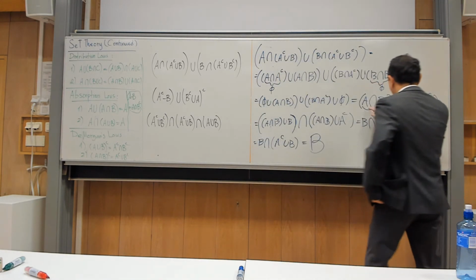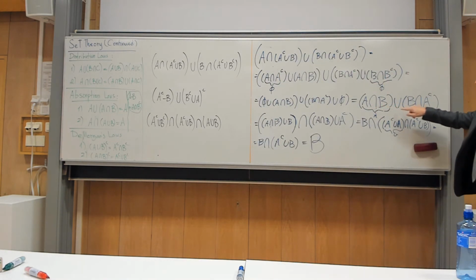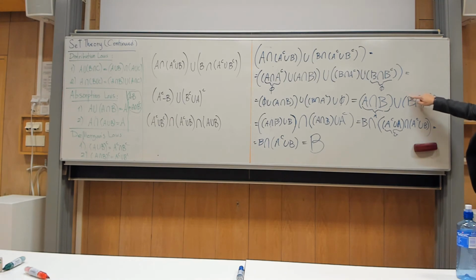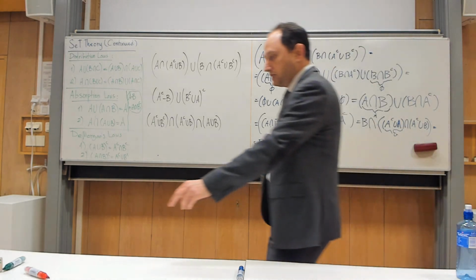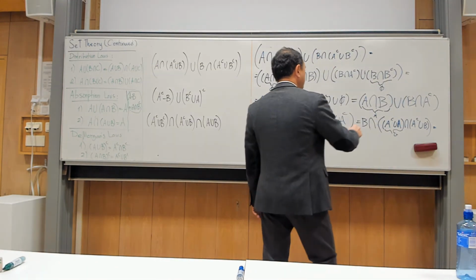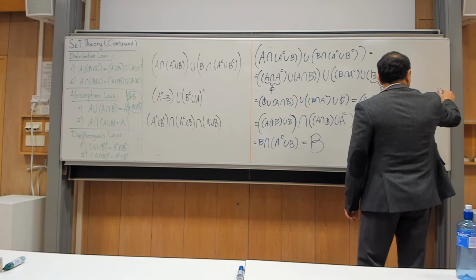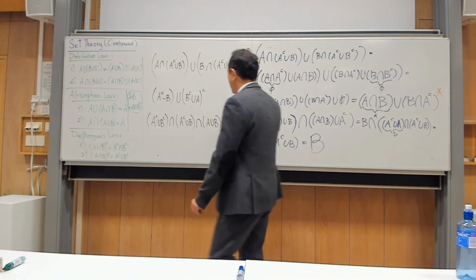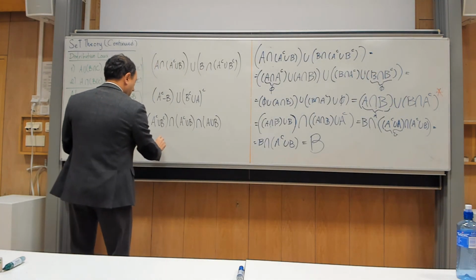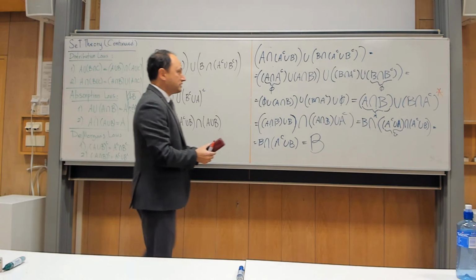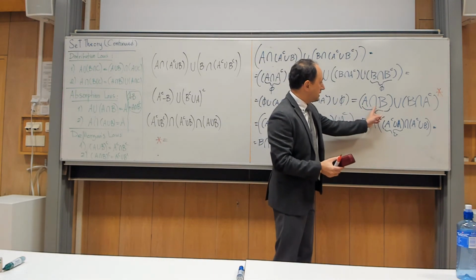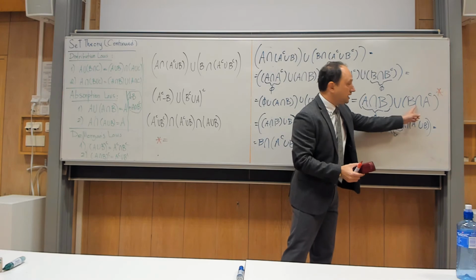If you see here, I have A intersection B, B intersection A complement. If instead of B, it was C, the method that you have done is the only method. But in this case, I can have a different idea. So let me put a star here and write my answer here. From here I will write it in this form. I have B intersection, another B intersection here.